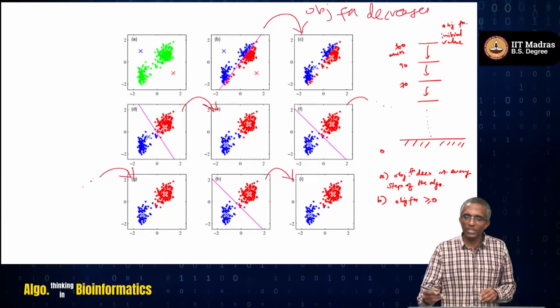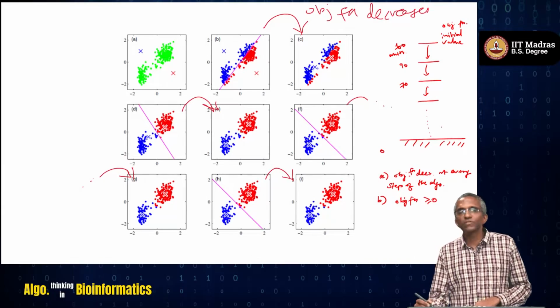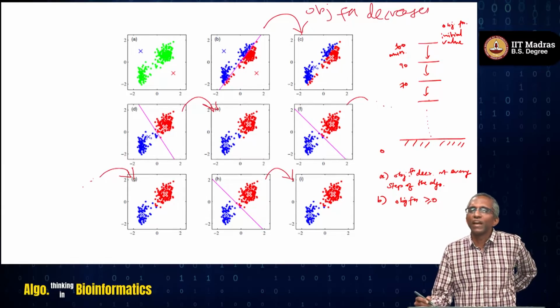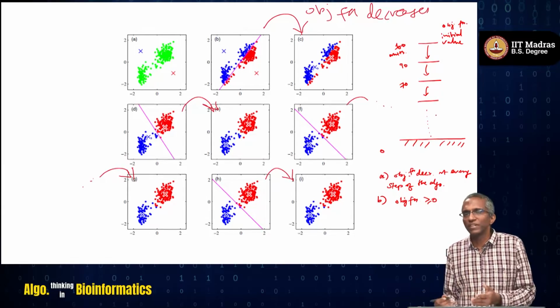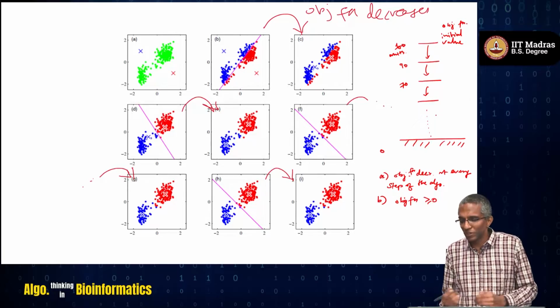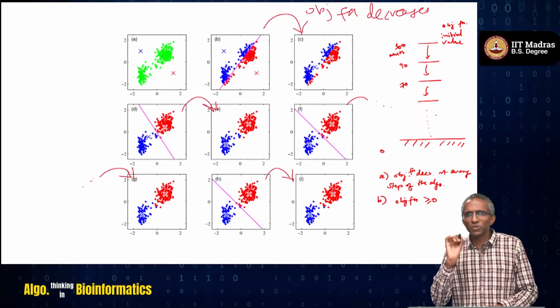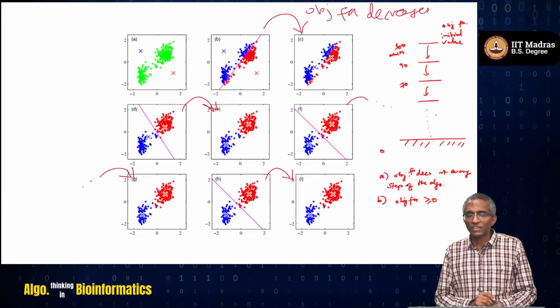So you may think that this means there is a finite number of steps that the algorithm takes, and so it should halt and converge, there is no other way to go. But there is one corner case we have to really understand.